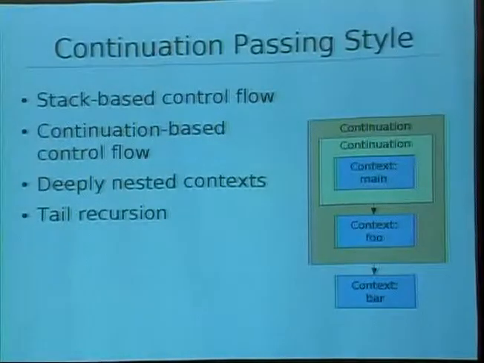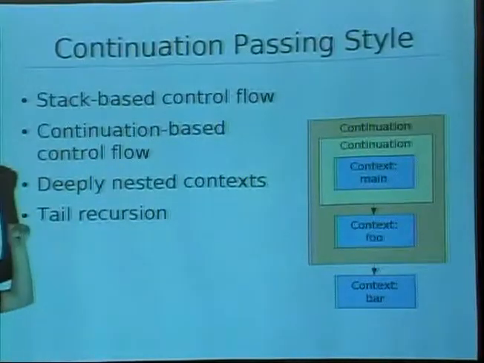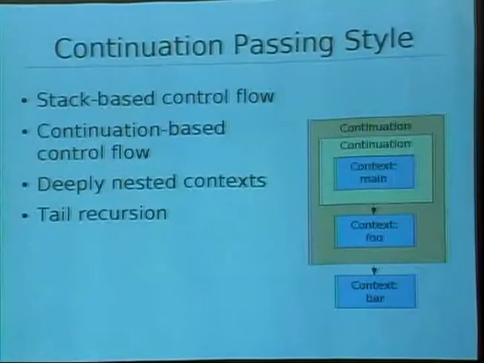This is a pretty small innovation, in a sense. All you've done is translate a stack-based data structure into a linked list. But it provides some very important optimizations. When you're in a deeply nested context, let's say you've had 100 subroutines that called and called and called, and you want to return back to the top level.